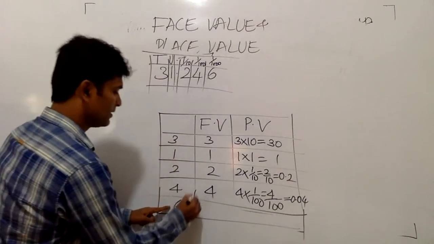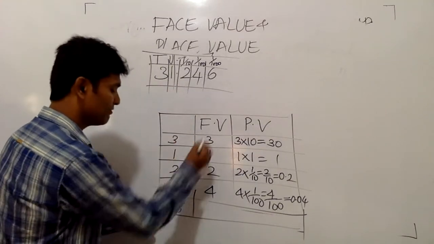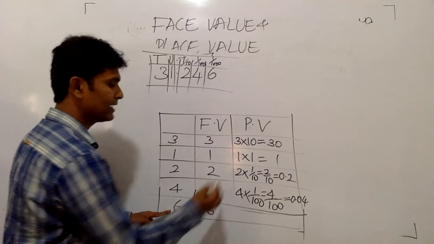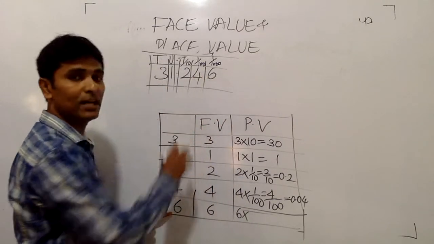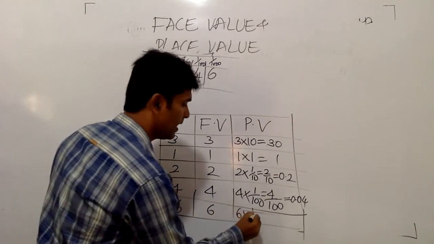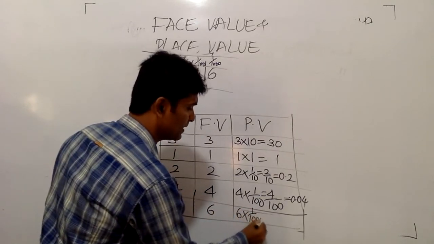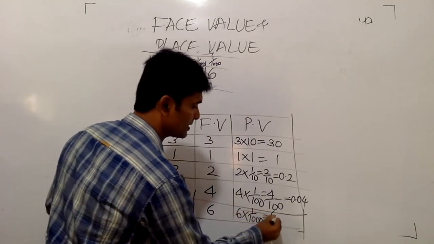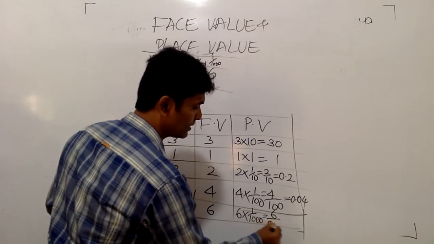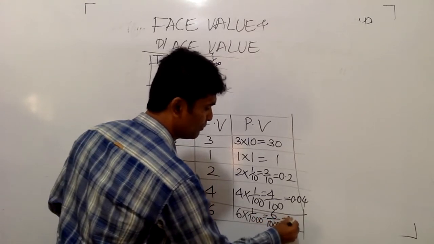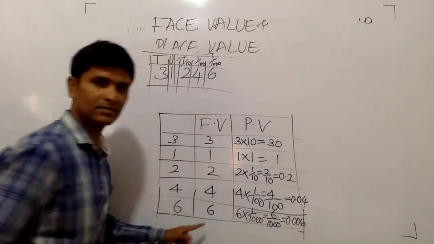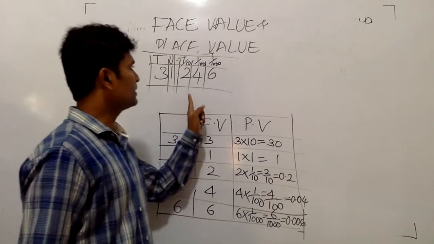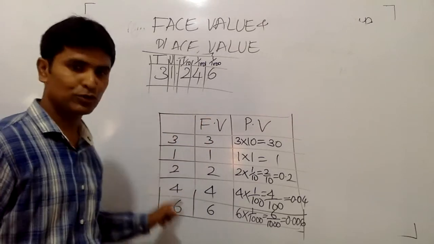Then for the digit 6, the face value is 6 only, and the place value is 6 into, it is in the thousandth place, that's why 1 by 1000. 6 ones are 6. 6 divided by 1000 is 0.006. See, when decimal numbers come, we have to do it like this.